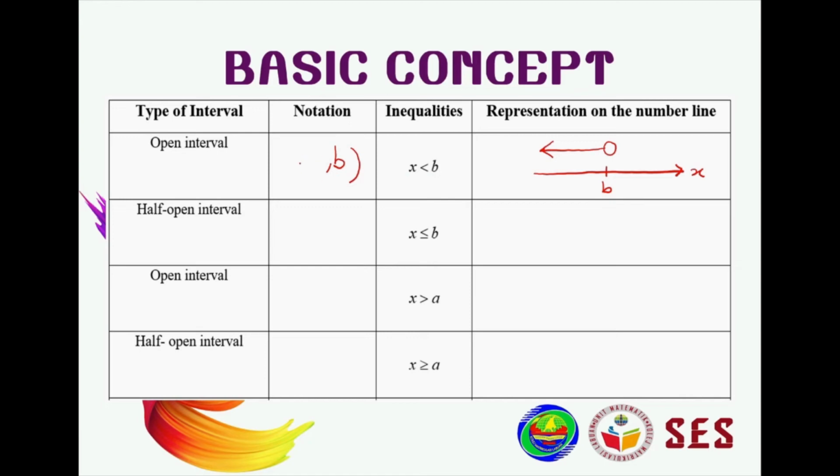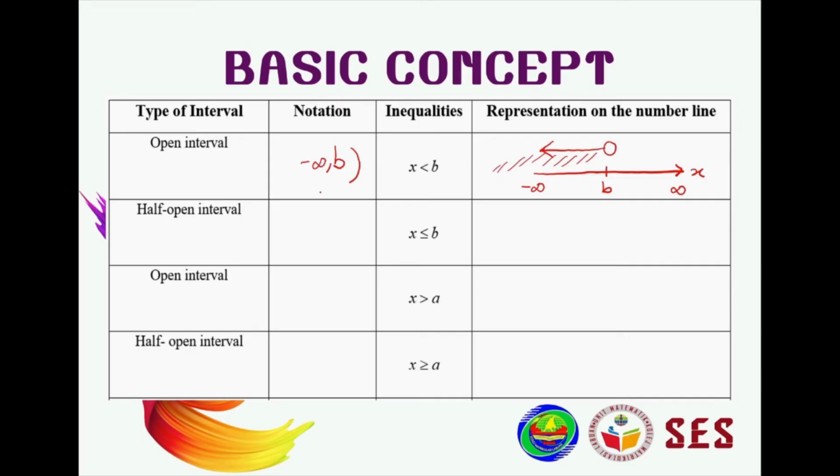What about the other one here? Since we know the number line runs from negative infinity to positive infinity, and we want this part, B is going to negative infinity. So how do we write this? We write negative infinity here.